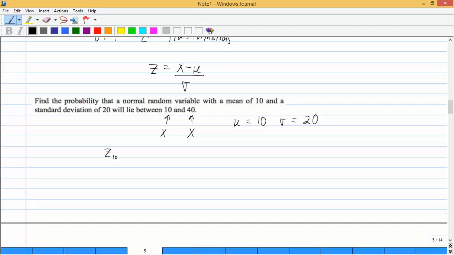I don't always see it like that in textbooks, but if you're working with more than one value, sometimes it's good to notate so that you can keep things straight. So this would be equal to 10 minus 10. Well, that kind of makes this a little simpler. Over 20. 10 minus 10 is 0. So 0 divided by 20 is 0.